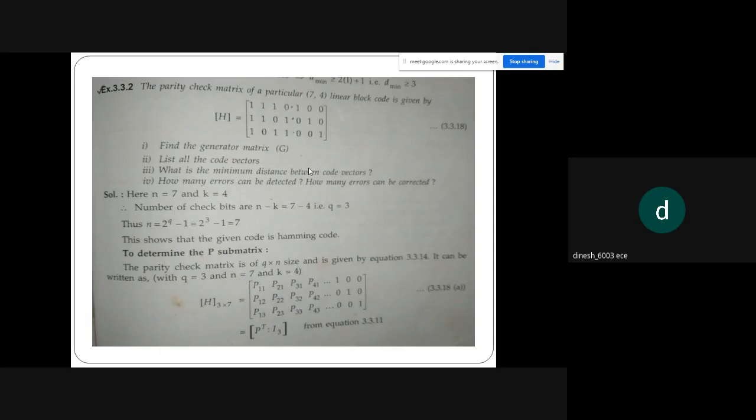So the question is, the parity check matrix of an (n, k) linear block code is given by some matrix H. So what is the (n, k)? n is 7, k is 4.